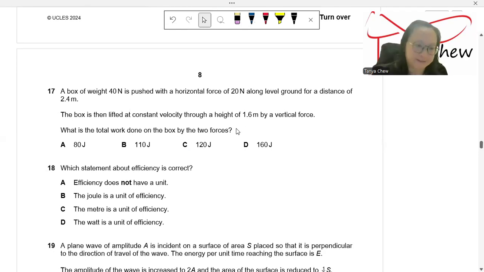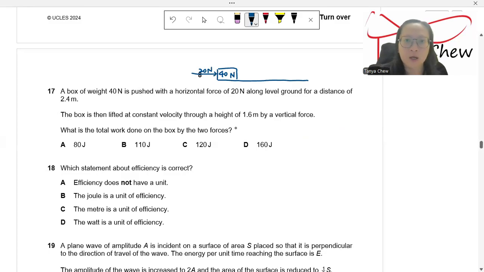Question number 17. A box of weight 40 Newton is pushed with a horizontal force of 20 Newton. I will write it here: this is 40 Newton, and this is the force, 20 Newton, to push it along level ground for a distance of 2.4 meter.